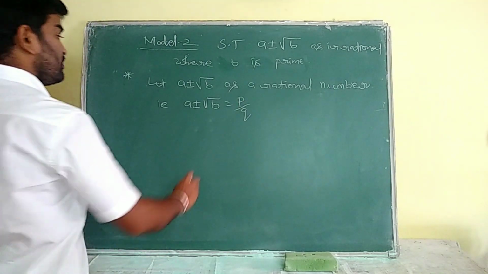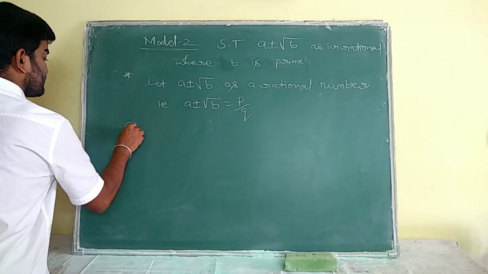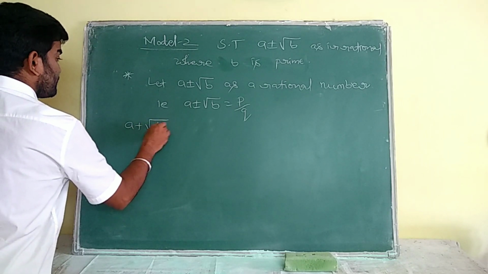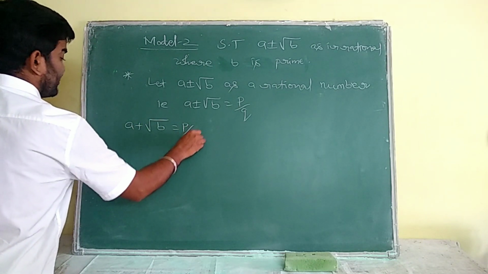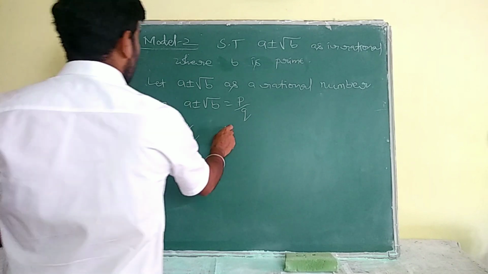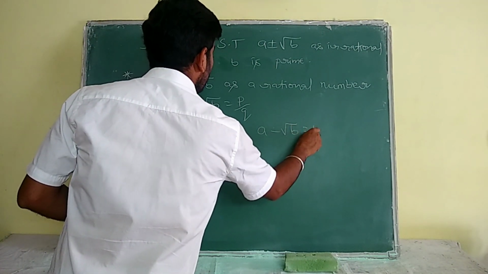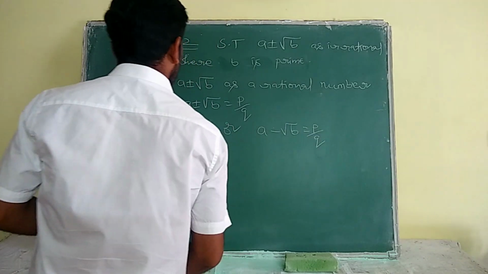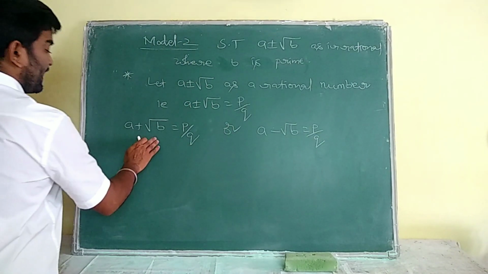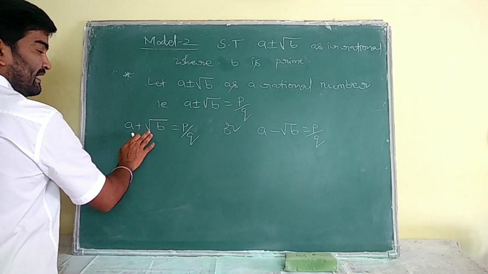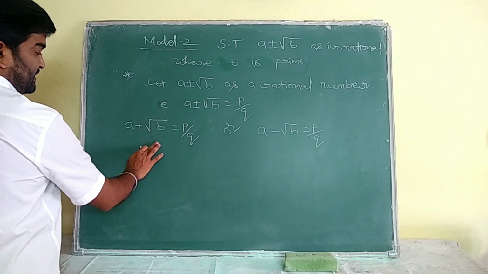Again I will split it into two cases. It is a plus root b is equal to p by q, or a minus root b is equal to p by q. Now I have to write the radical value as subject.